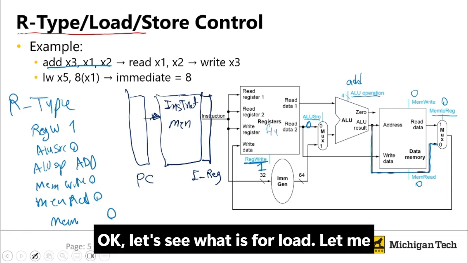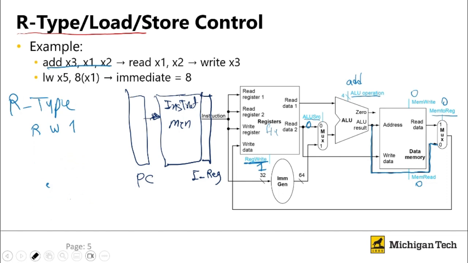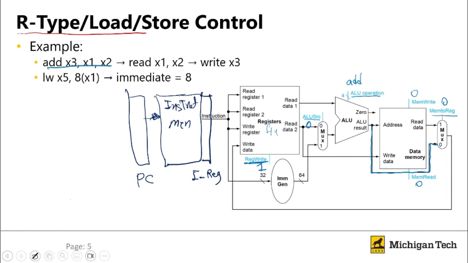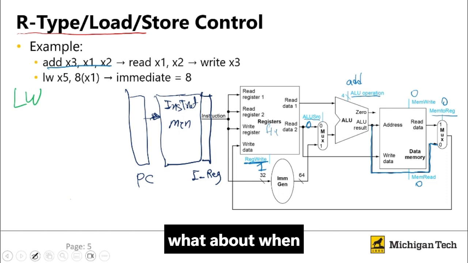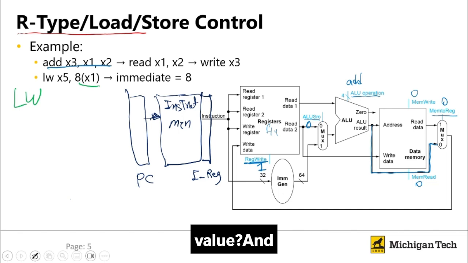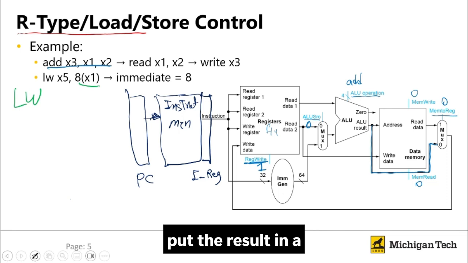Okay, let's see what it is for load. Let me clean this up. For load, we're going to use another color. Okay, when we do load, we are actually adding one register with the immediate value and then reading the memory and putting the result in a destination register, which here is R5.